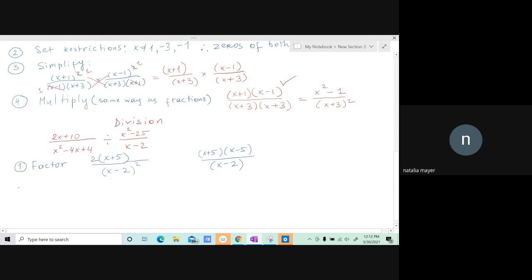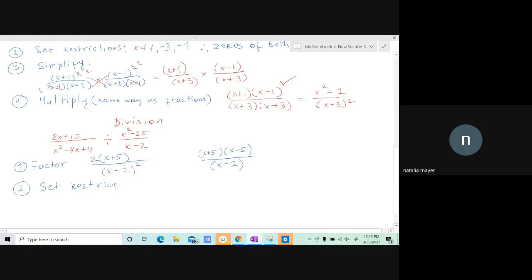Now, please, I want your full attention because when we reach the second step, it's for the division. The second step is going to be slightly different. You need to set restrictions as before. For which parts of this expression did we set restrictions? Denominators.